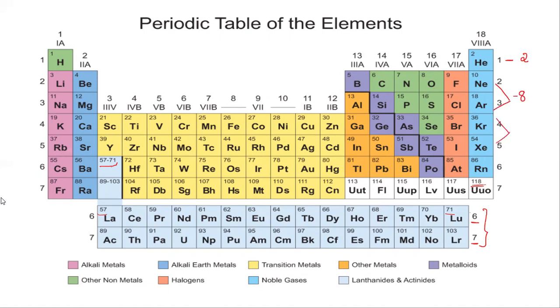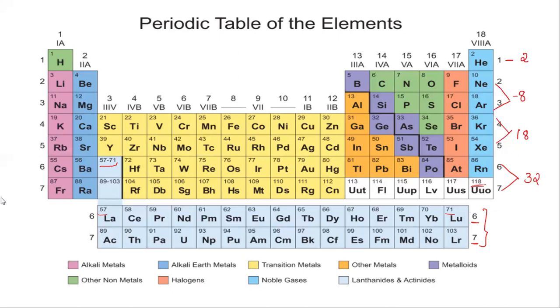Fourth and fifth contain 18 elements. Sixth and seventh contain 32 elements. This also we have to count because they are a continuation of the sixth and seventh period.